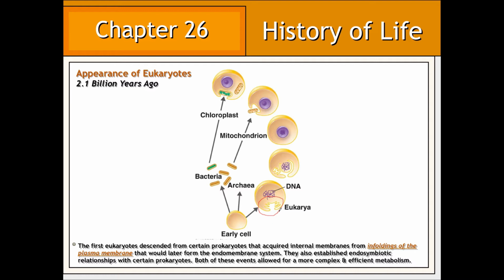In addition, these early eukaryotes also established symbiotic relationships with certain prokaryotic cells. The presence of an endomembrane system plus these prokaryotic symbionts enabled these early eukaryotic cells to establish a much more complex, diverse metabolism.